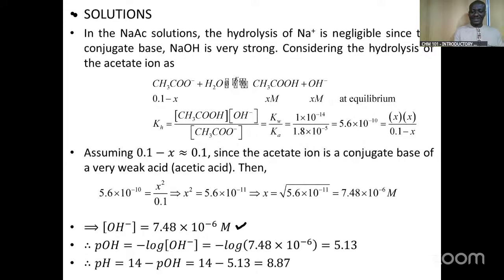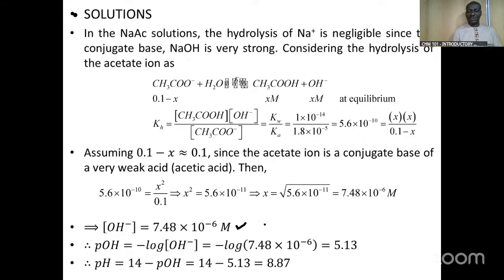The concept is what we should be worried about to understand. So this is the OH concentration as obtained. So the pOH, of course, is minus log to base 10 of OH. So minus log to base 10 of 7.48 times 10 to the power of minus 6 will give us 5.13.